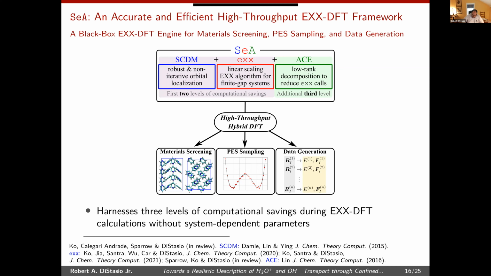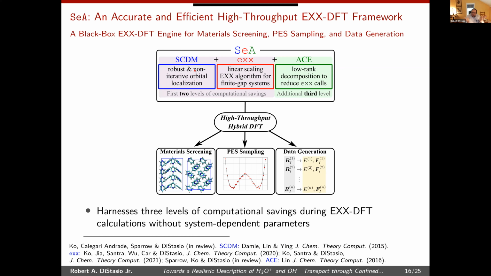The first thing that it combines is the so-called SCDM method. This is the selective columns of the density matrix. This was developed by Anil Damle, Lin, who was also a PhD student in Roberto's group, and Ying at Stanford. So SCDM replaces the MLWFs, right?